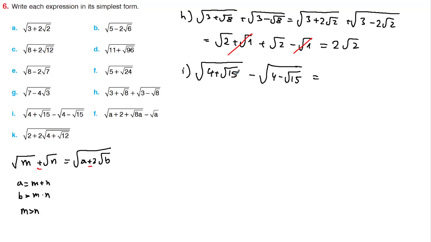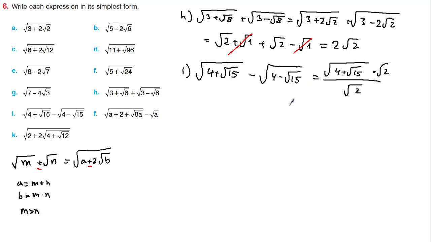If you try to get some kind of 2 in front of this root, it won't work, but there was something that we mentioned during the lessons. Now I can multiply this root here, 4 plus root of 15, by square root of 2 and divide by square root of 2 as well.